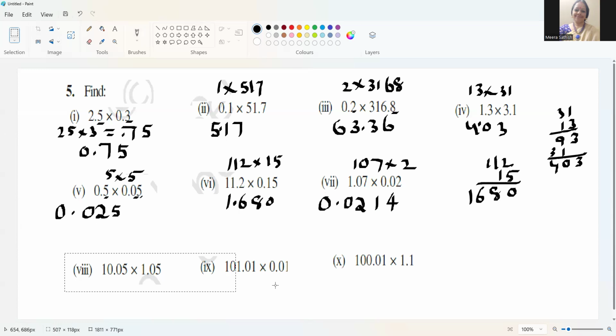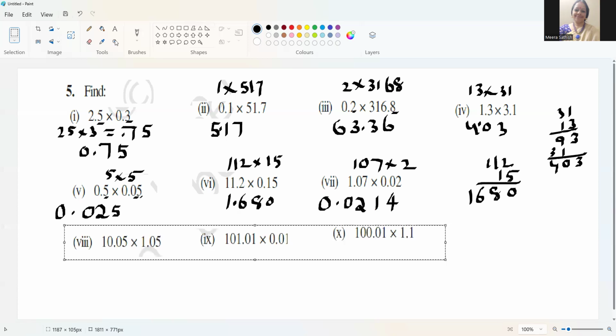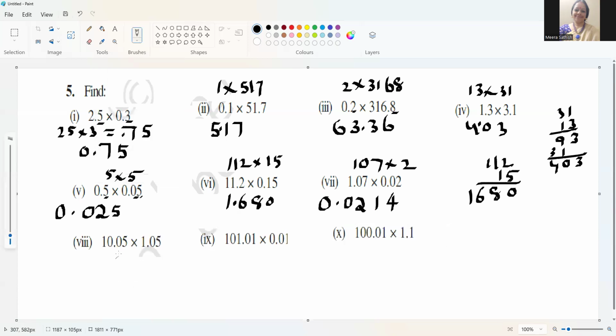And the 8th one, 10.05 into 1.05. So 1005 into 105. Oh, this multiplication is not that easy, but we have learned the distributive property in grade 6.